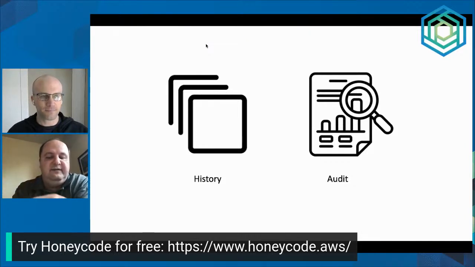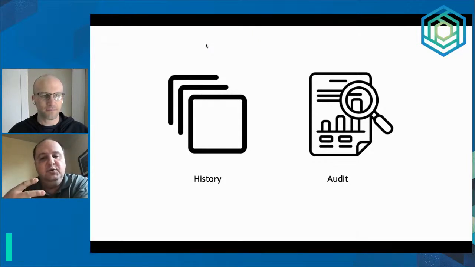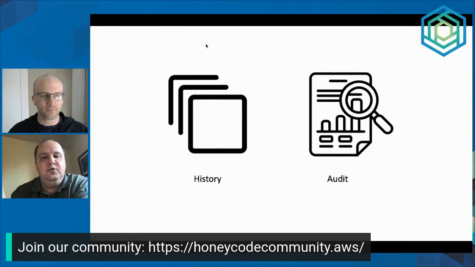One is, in our case, we're going to have songs. What if the title of a song changed? How do I see that over time? And number two, how do I know who clicked on what button, who viewed what thing in my application? How do I do that within Honeycode? Have you encountered that? Has that come up for you?